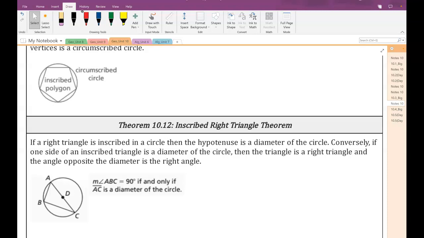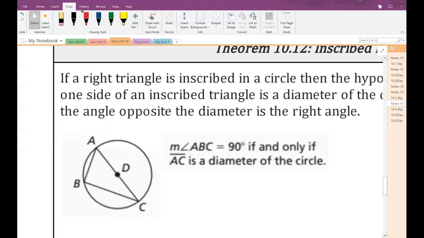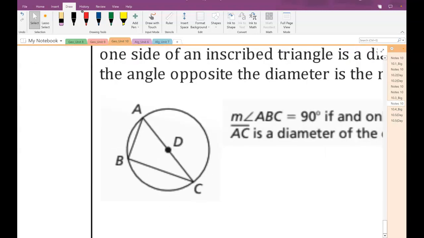Remember opposite means across our shape, from our diameter to angle B. So you can say angle B is our right angle, our 90-degree angle. Just when you thought we were done with triangles, they come back. So we know this has to be our 90-degree angle, and you can see that visually.